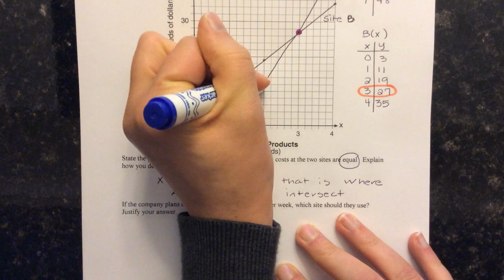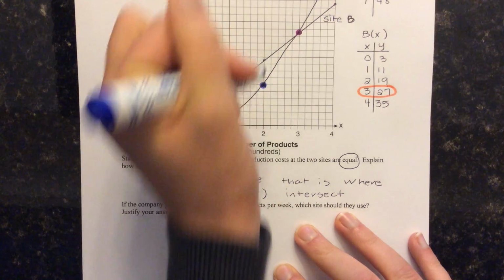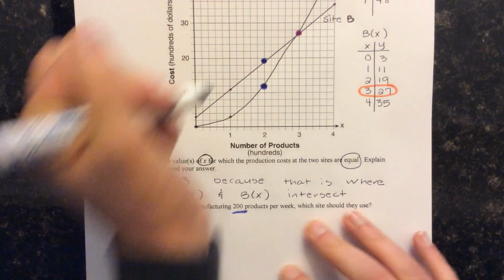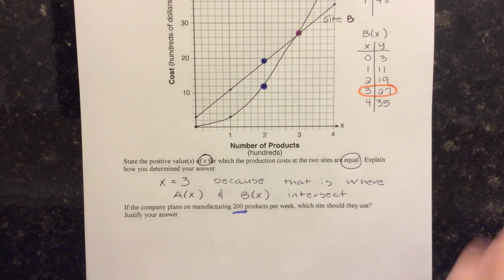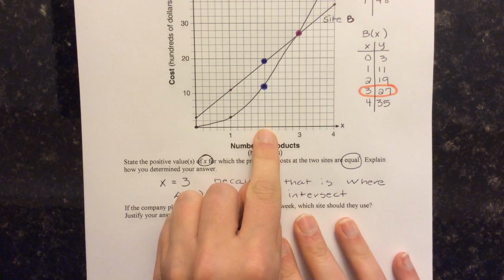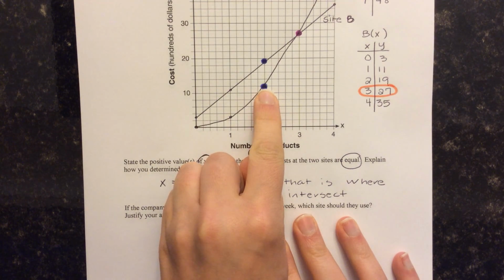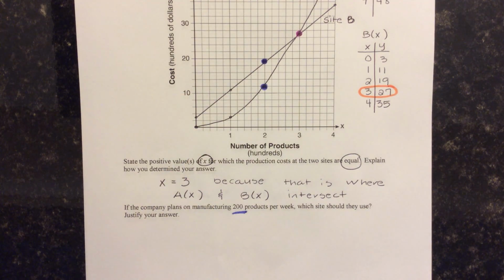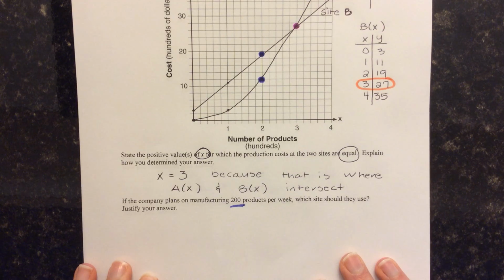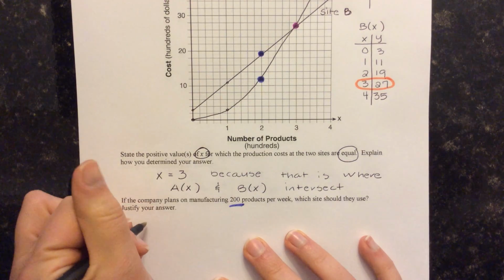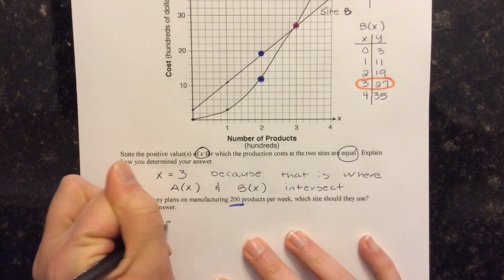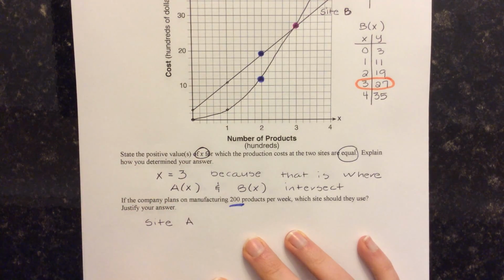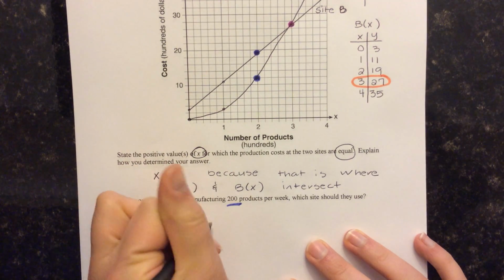I can go with the curve, site A, or I can go with the line, site B. Okay, and I think you'll agree it makes sense to go with site A. That's going to be cheaper. Okay, so again, you want to keep this as simple as possible to get full credit. Which site should they use? Site A. Because the cost is lower.